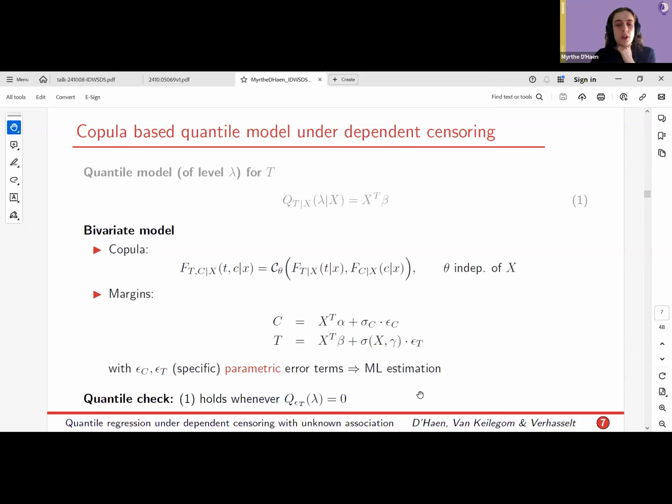Now, one last thing. We should actually check that the model we intuitively would have wanted to start from, so the linear model, is compatible with a bivariate model. And this is indeed the case whenever the lambda quantile of this error term equals 0. So this is something we will have to take care of in constructing our term for T.